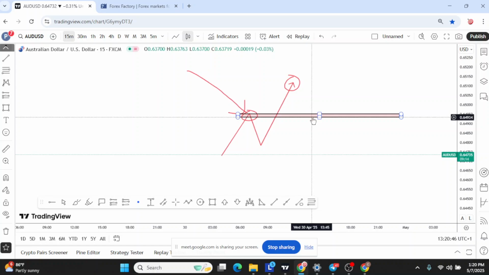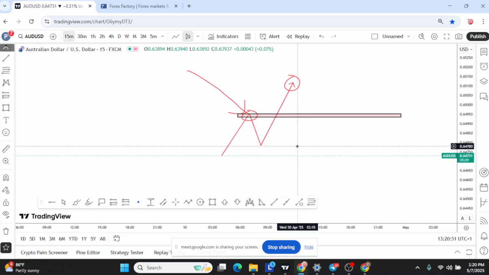So we are trying to take a buy trade, but we don't want to buy at this point. We want to buy at a lower price. So what we need to do is to wait for price to pull down, to drop all the way down.